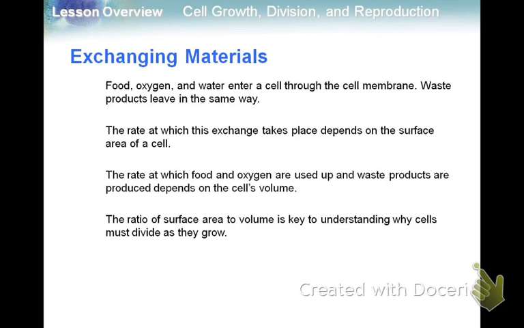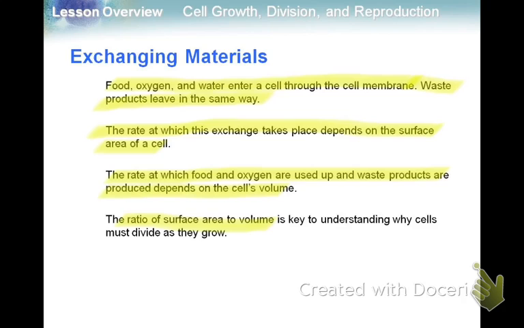What also has to happen is food, oxygen, and water, the good stuff, come in through the cell membrane, and waste products come out the same way. The rate depends on the surface area of the cell. The rate at which all of these things are used up and produced depends on the cell's volume, how much is inside that cell.